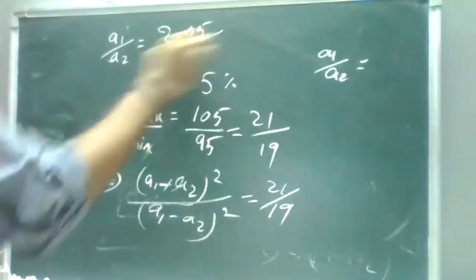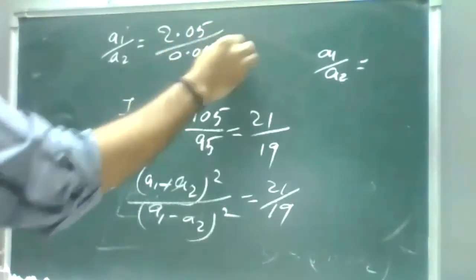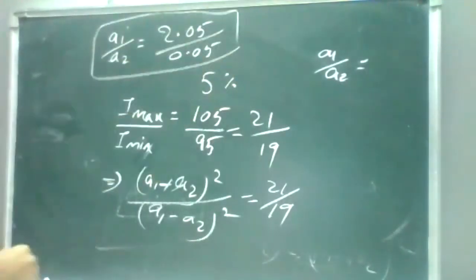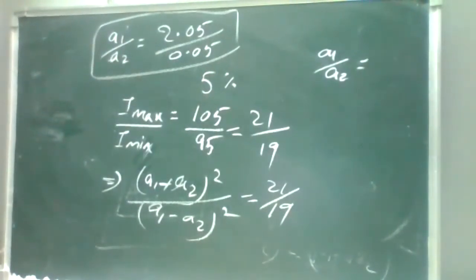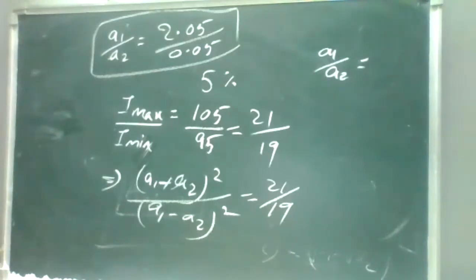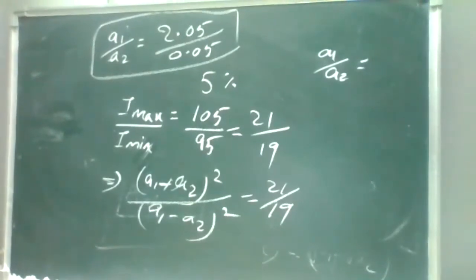Just check whether you are getting A1 by A2 as 2.05 by 0.05. Okay, but we are not going to discuss the squares.